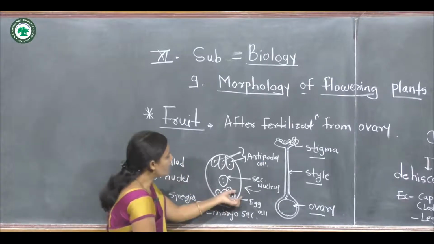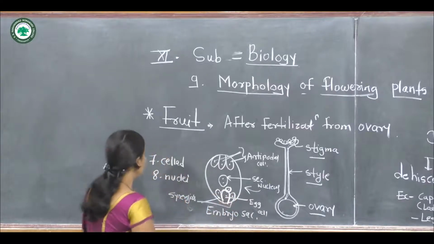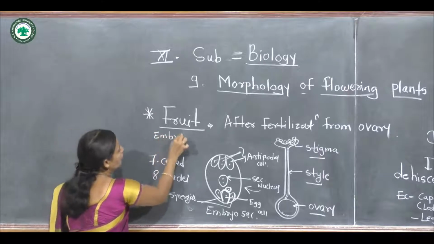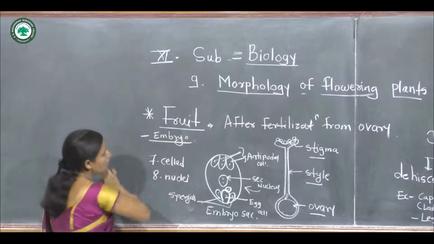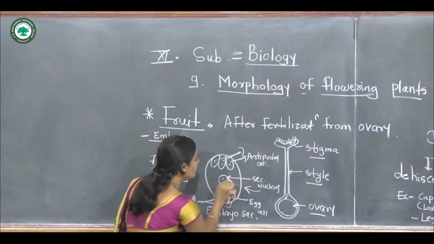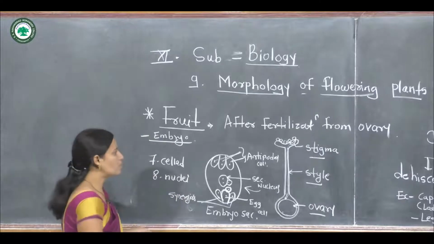Now one male gamete fuses with the egg cell, and at that time the embryo is formed. The other male gamete fuses with the secondary nucleus, and at that time the endosperm is formed.